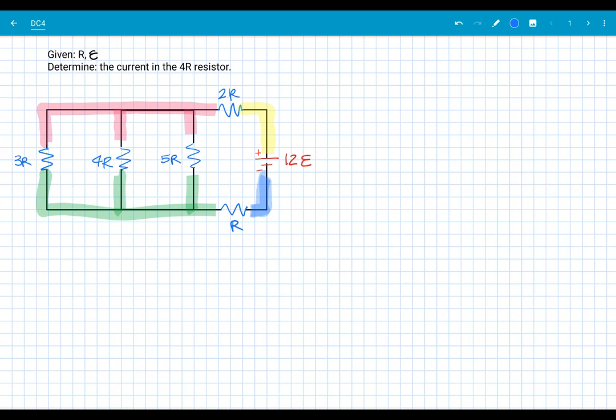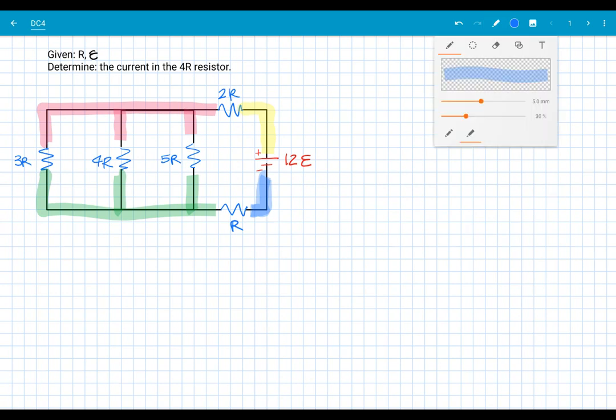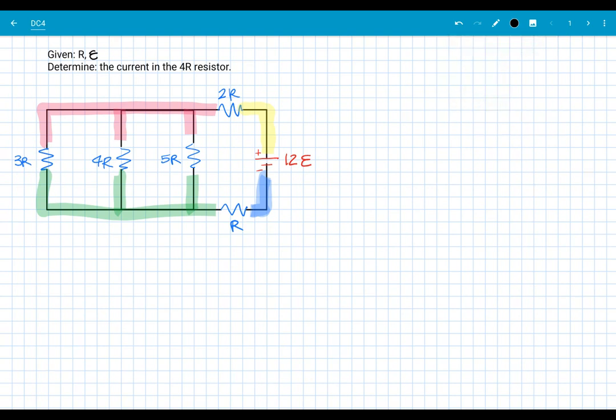So I start by finding the battery current, which is fairly simple here. I can do that by simplifying the circuit. If I take the 3R, 4R, and 5R resistors, those are clearly in parallel.